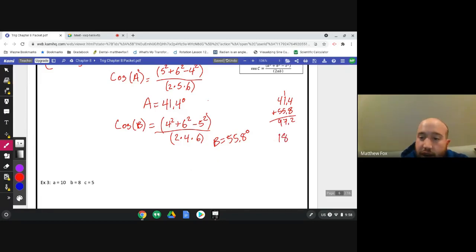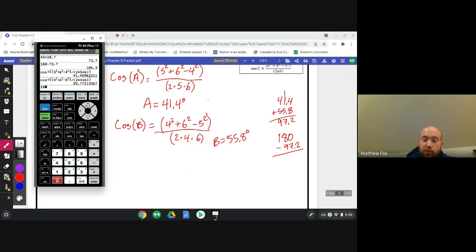We'll take 180 minus that 97.2. You can do all the carrying if you want, that's totally fine, or we can just use the calculator to help us. Either way, you should get 82.8 as your value of C.